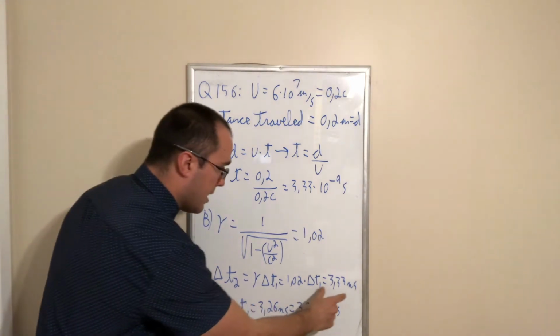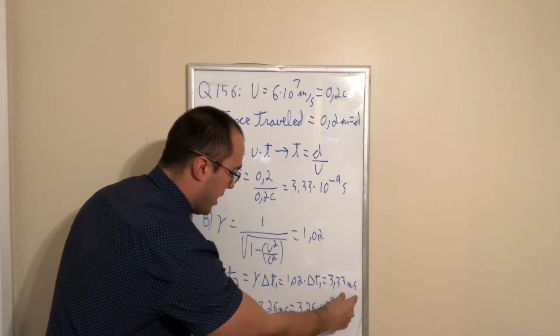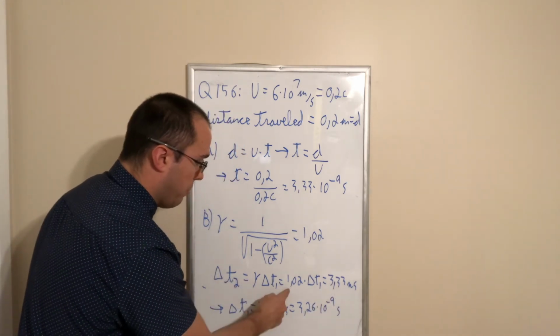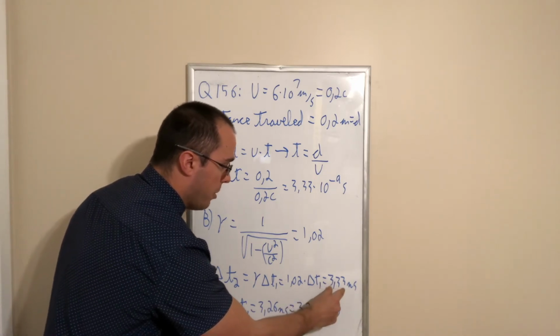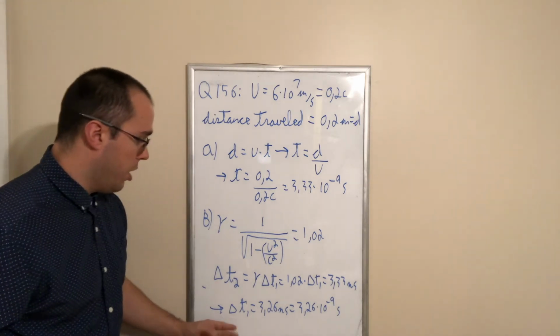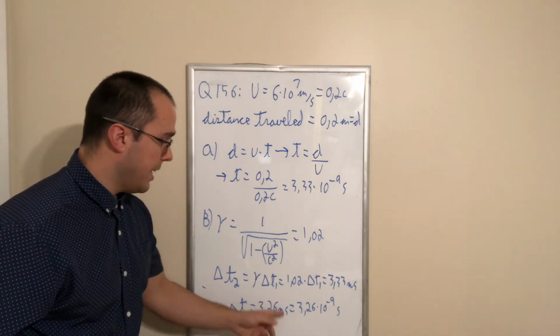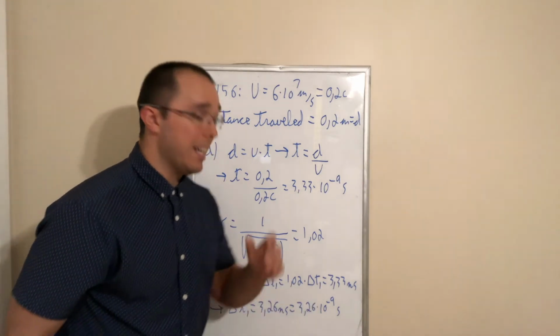So in this case, delta T2 is equal to 3.33 nanoseconds. So gamma, which is 1.02, multiplied by delta T1 is equal to 3.33 nanoseconds. If we isolate delta T1, we get 3.26 nanoseconds, or 3.26 multiplied by 10 to the minus 9 second.